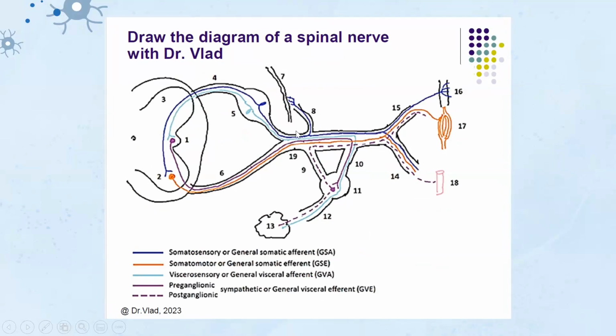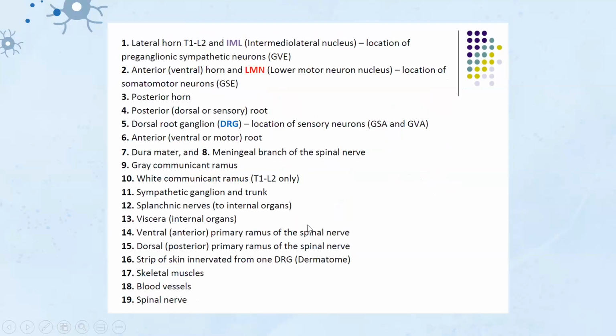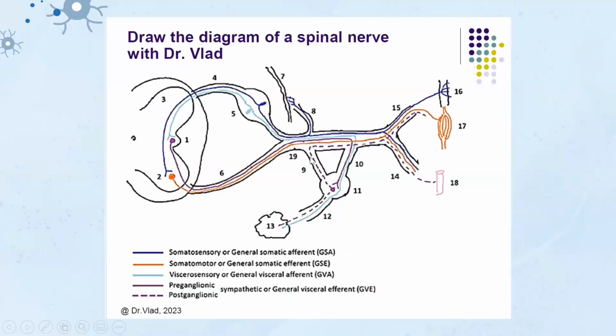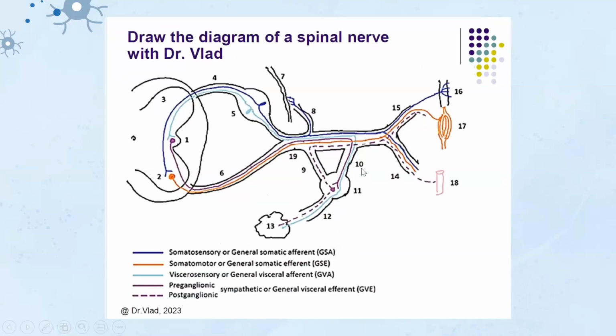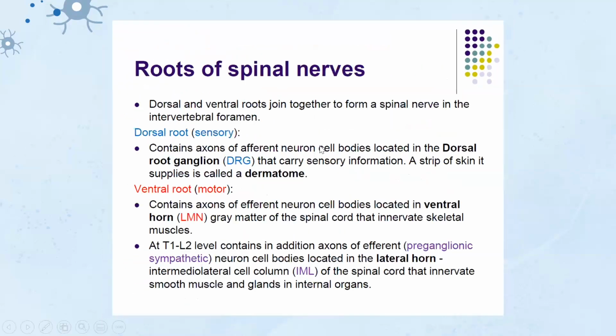They combine to form the spinal nerve, and this is the gray and this is the white rami. They communicate with the sympathetic chain by the gray and the white communicant rami.